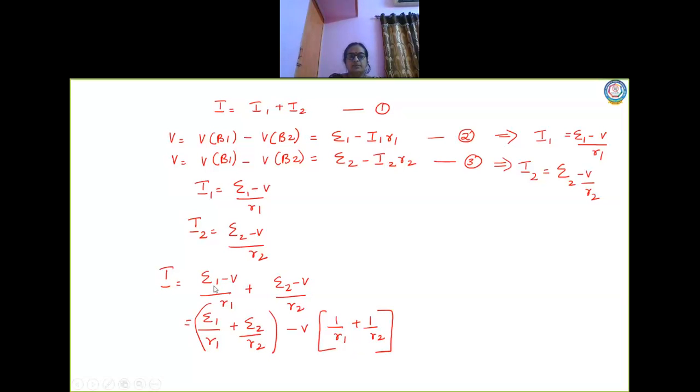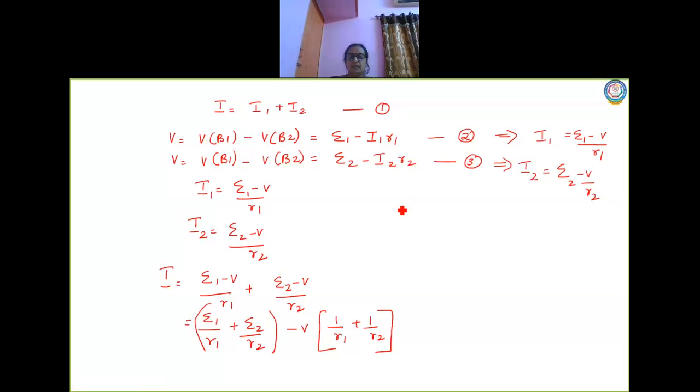Here it is psi1 minus V by R1 plus psi2 minus V by R2. Now psi1 by R1 minus V by R1, similarly psi2 by R2 minus V by R2. I have rearranged these two terms together: psi1 by R1 plus psi2 by R2. Minus V I have taken common because here also it is minus V by R1 and here minus V by R2. Take minus V out, I have 1 by R1 plus 1 by R2.